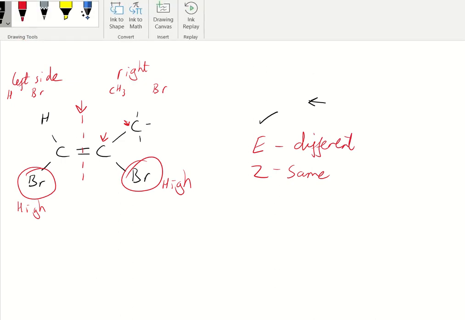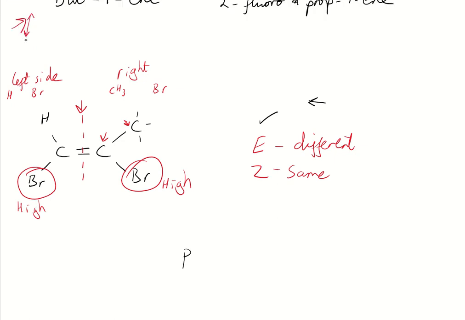So for naming this, first off, we can ignore the EZ for now. I'd look for the longest carbon chain, 1, 2, 3, prop. Count from the side to give the double bond the lowest number, carbon 1. So prop-1-ene. Then I've got these two branches sticking off, the halogens. So they're on carbon 1 and 2. So 1,2-dibromo.